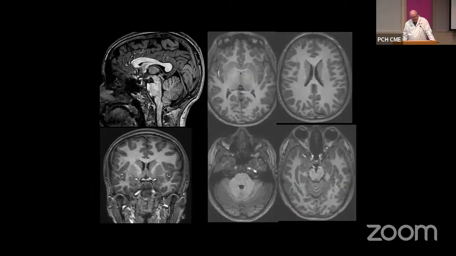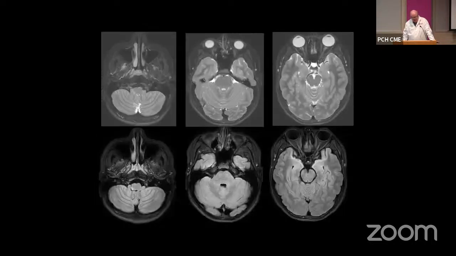Here is just to show that the images from the T1 sequence are normal, and from the T2 and the FLAIR on the bottom row, those are two sequences that we rely on particularly to show up masses and edema and so forth.